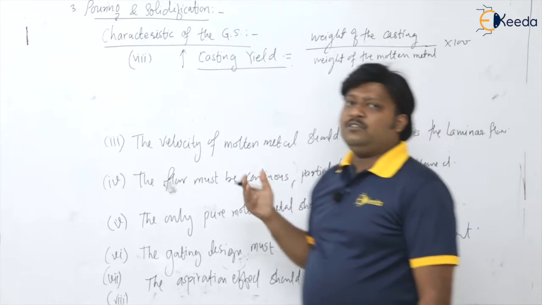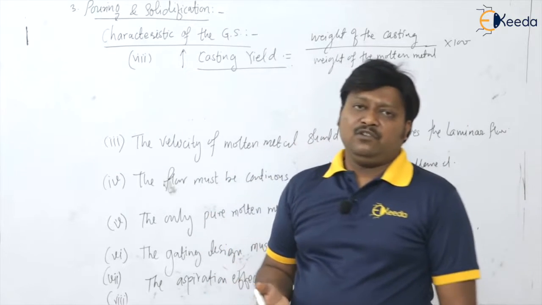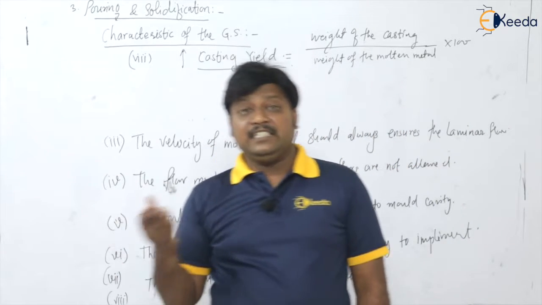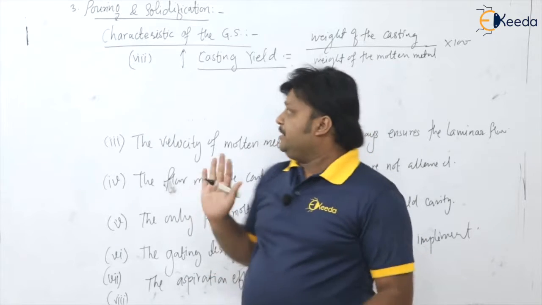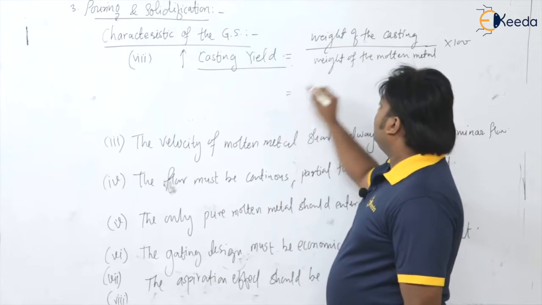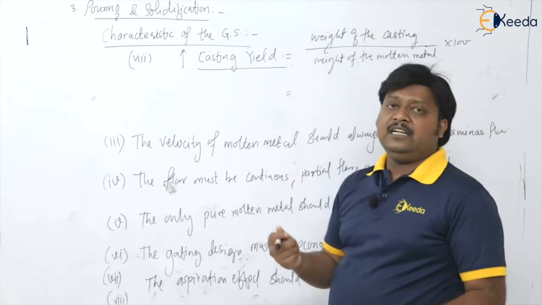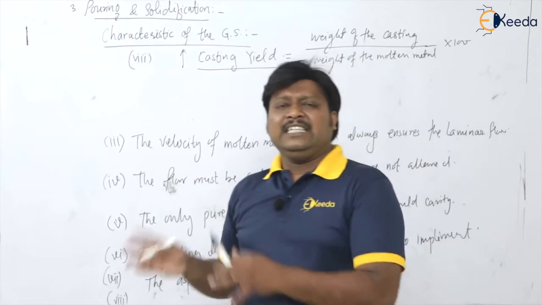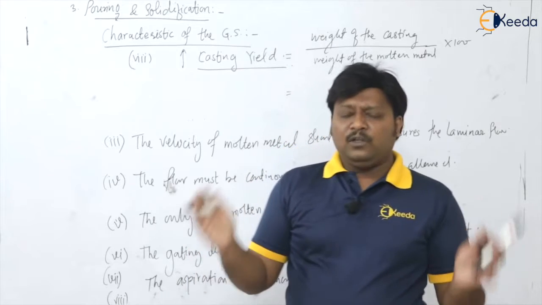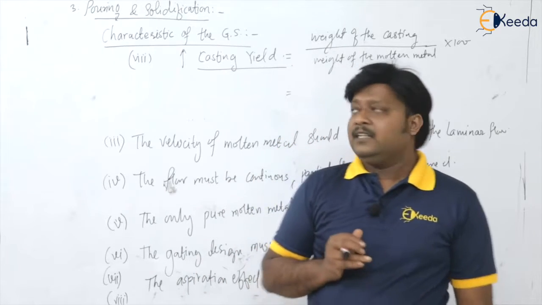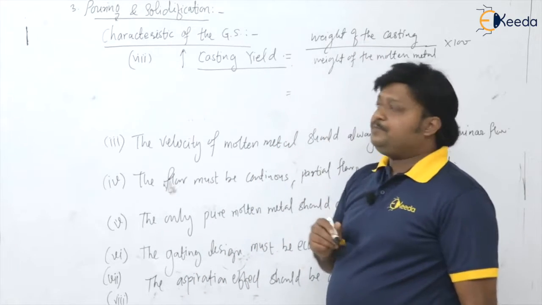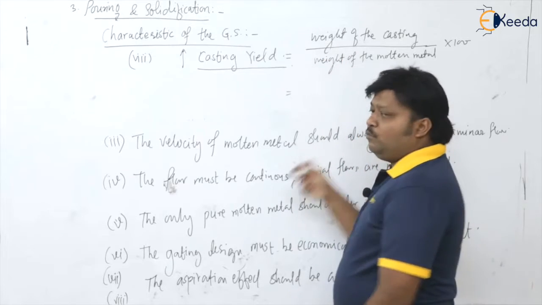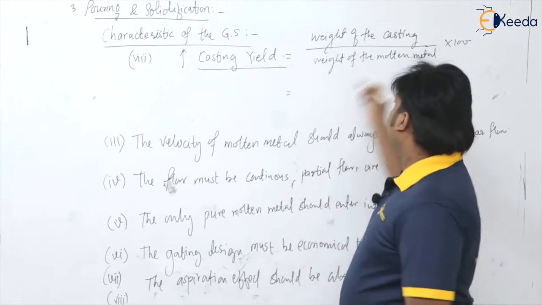Basically it depends upon the type of material you are taking for the casting and which kind of gating system you have used. Once the casting is done, when you break the mold, you should cut all these gating system, fins, projections, take only the casted part, and weigh that part divided by how much molten metal you have supplied in kilograms.